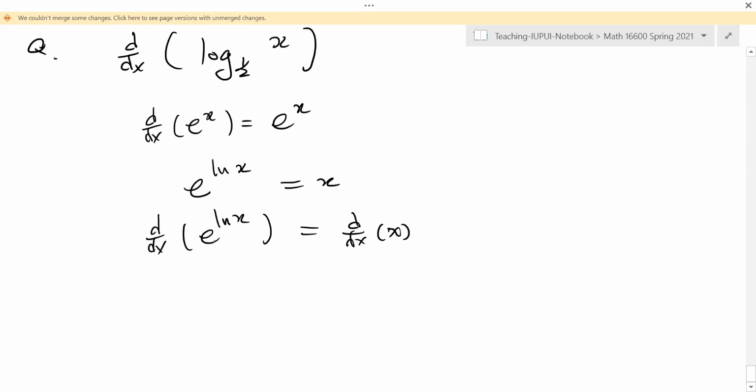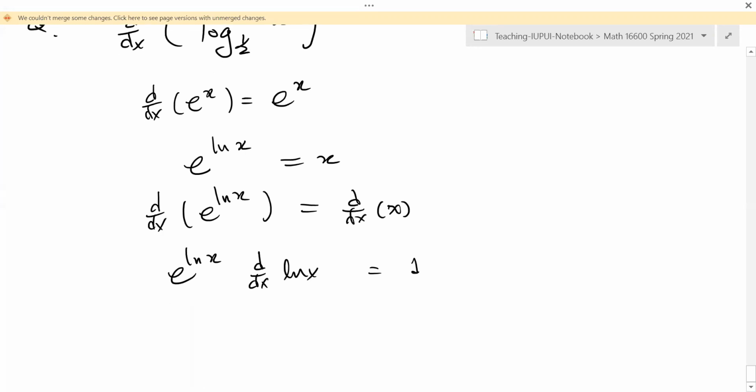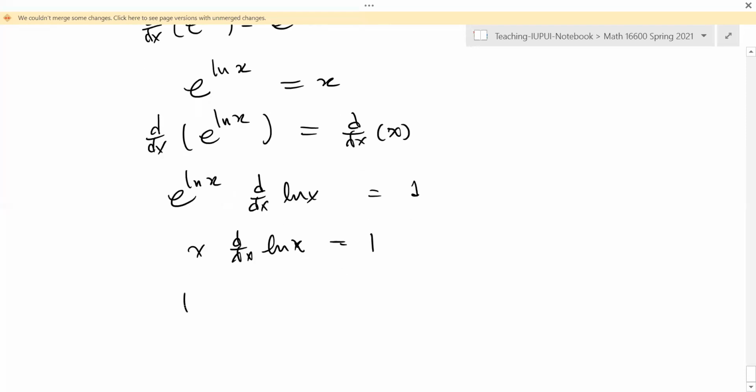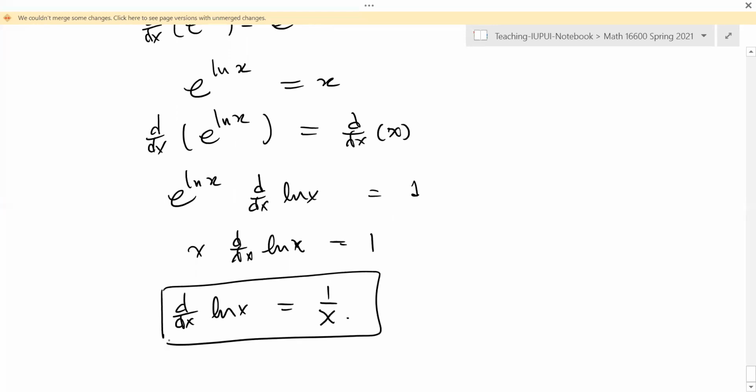The left-hand side is a composite of two functions, so it's going to be e to the natural log of x times the derivative of natural log x. The right-hand side is just 1. But e to the natural log of x is just x. So you will get the derivative of natural log x equals 1 over x. Wow, this is a very interesting result.